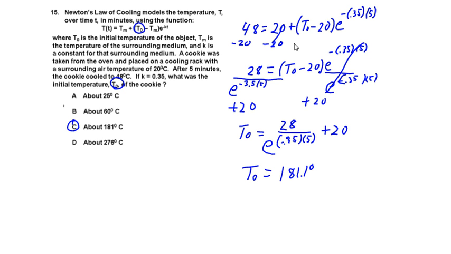The other thing you can do is take this in a calculator and solve by graphing. That might be a little easier way to do it for some. You put this equation in and set one side equal to 0.